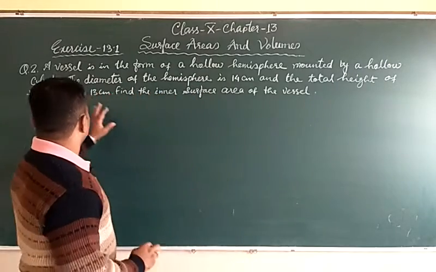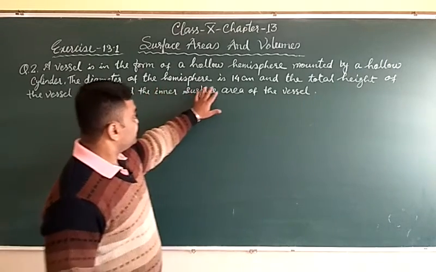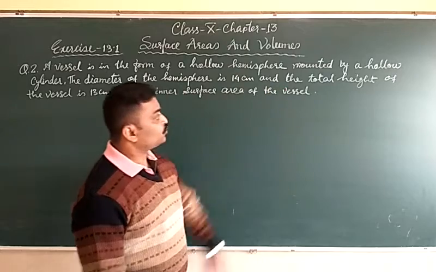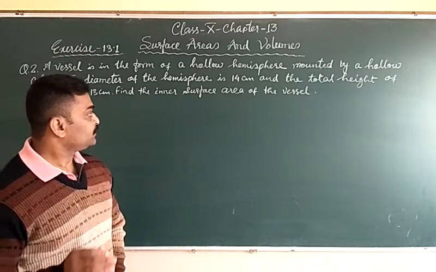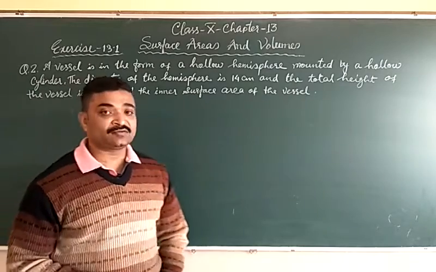Clear? The diameter of the hemisphere is 14 centimeter and the total height of the vessel is 13 centimeter. Find the inner surface area of the vessel.